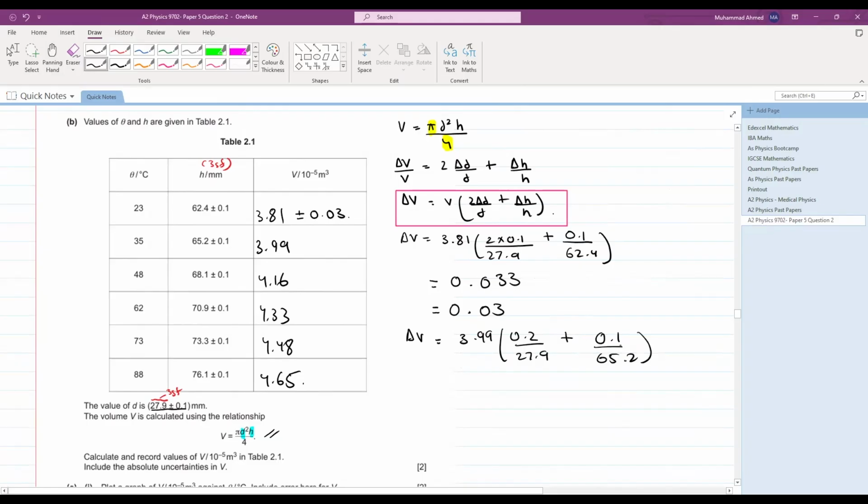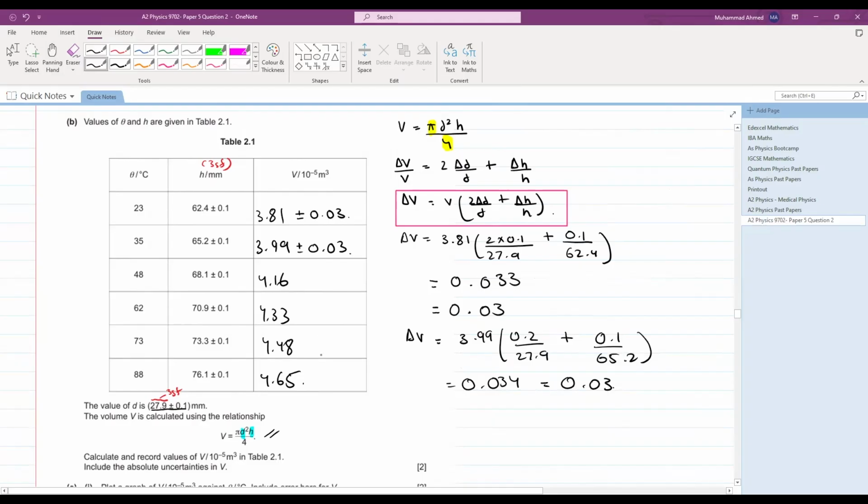Let's calculate this answer. So you will have to change this 0.1 divided by 65.2. Perfect. And if I change this, this will be 3.99. The answer comes out to be 0.034. Again, till one significant figure, this will become 0.03. So let's write it here, 0.03.